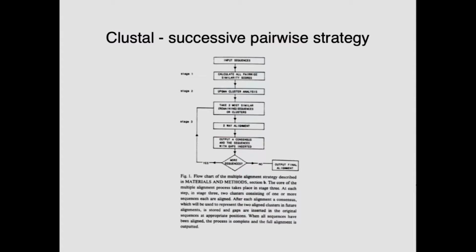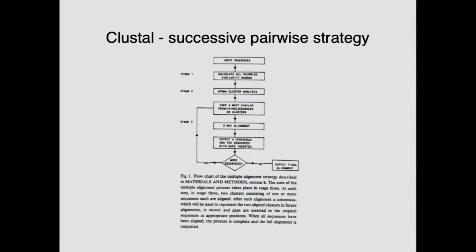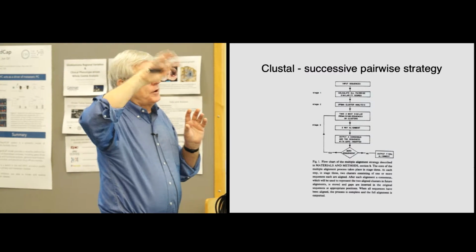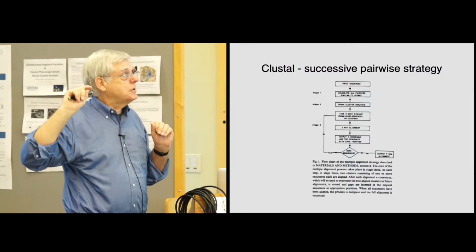Then you take the two most similar sequences, remaining sequences or clusters, and you align them. You generate a consensus sequence. You ask whether or not there are more. What you're doing, which it doesn't show here, is you start out with all these sequences on a tree, and you generate a consensus sequence from each pair of sequences that are the leaves of the tree.